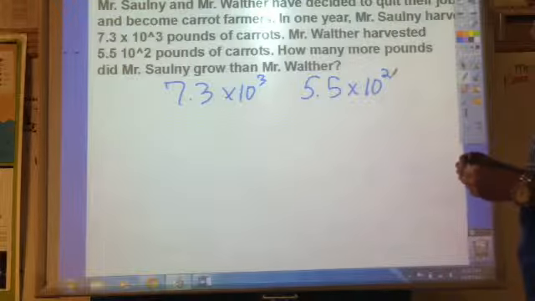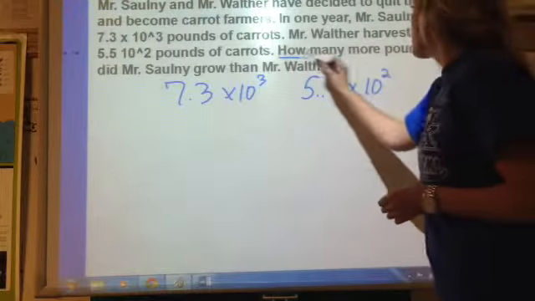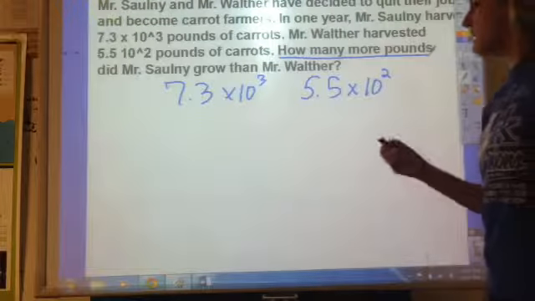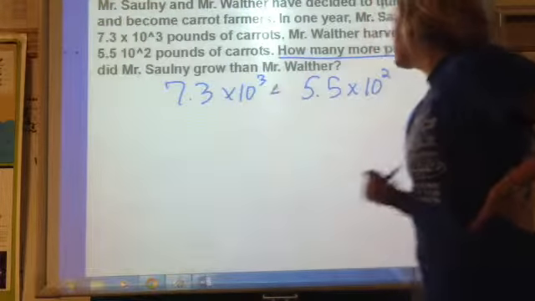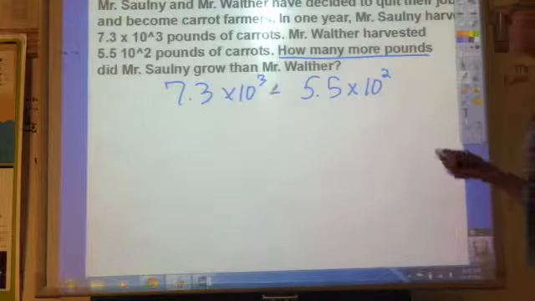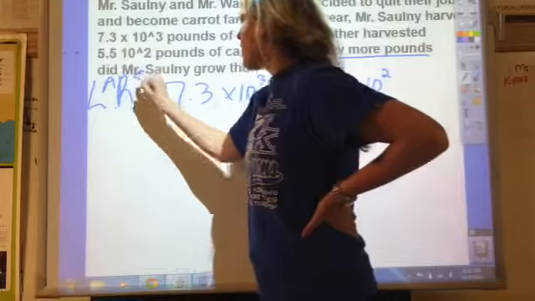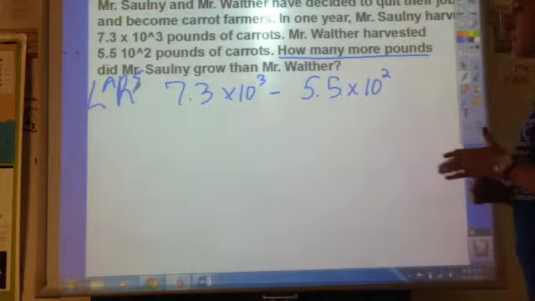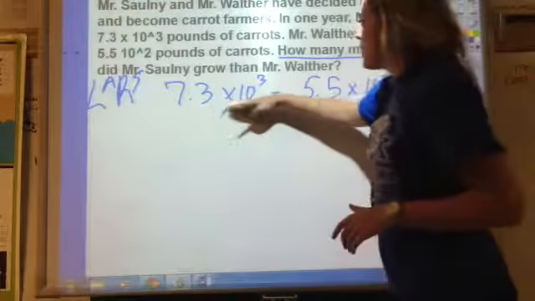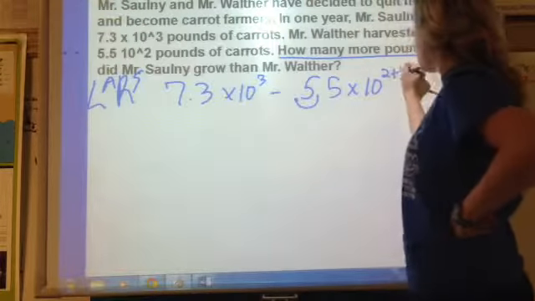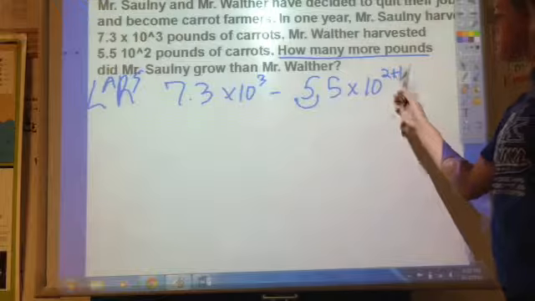What I'm interested in here is how many more pounds did Mr. Solney grow? How many more tells me that this is going to be subtraction. And again, I know that if I add or subtract in scientific notation, I got to remember Lars, because that allows me to move my exponents. You always keep the one with the larger exponent, so I'm going to move 0.5 one place and add 1 to my exponent to make it the same.